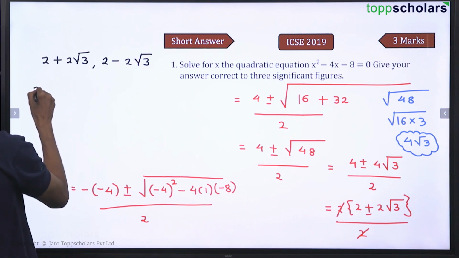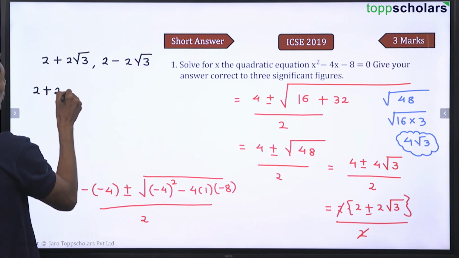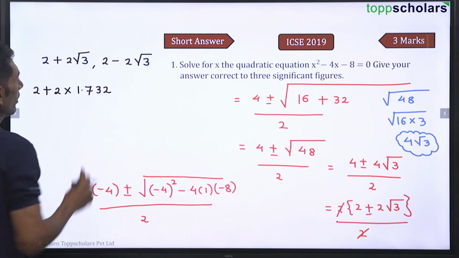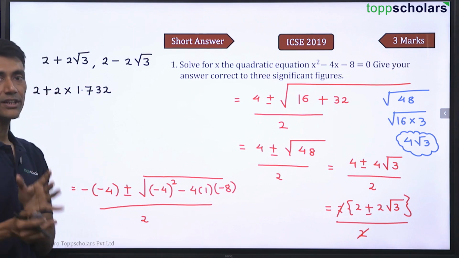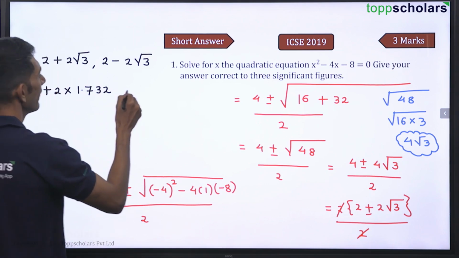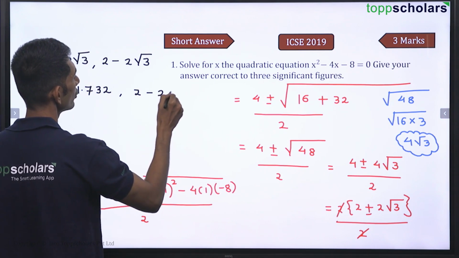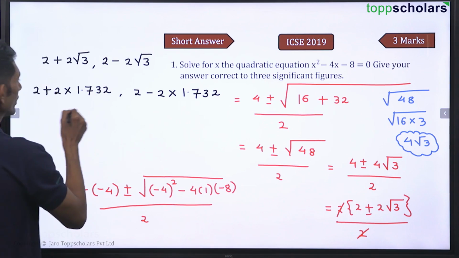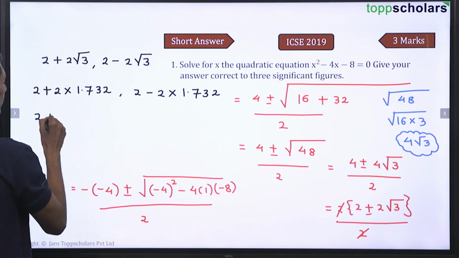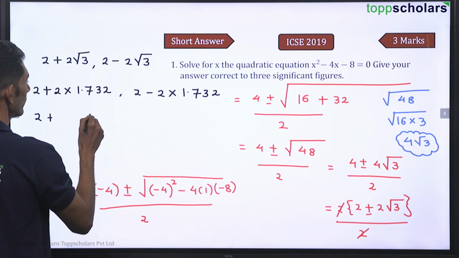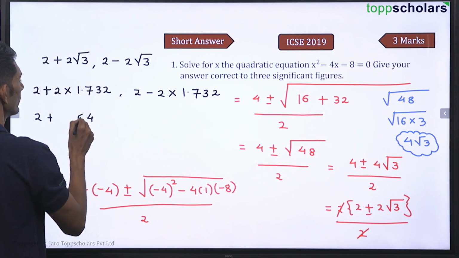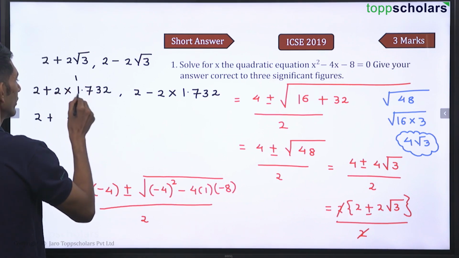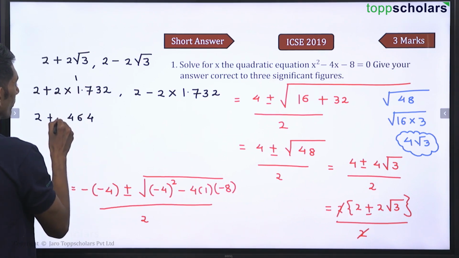So that becomes 2 plus 2 into 1.732, because we know the value of root 3 is 1.732 up to 3 decimal places, and this is 2 minus 2 into 1.732. So just multiply this, that is 2 plus 2 2s are 4, 3 2s are 6, 7 2s are 14, carry 1, 2 1s are 2, plus 1 is 3.